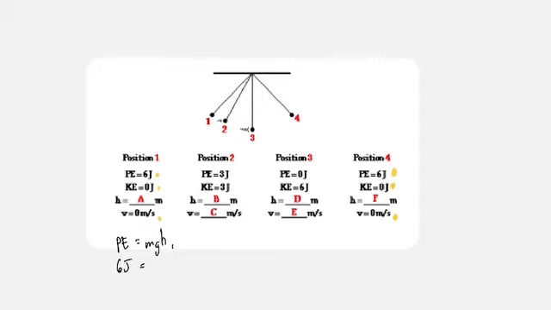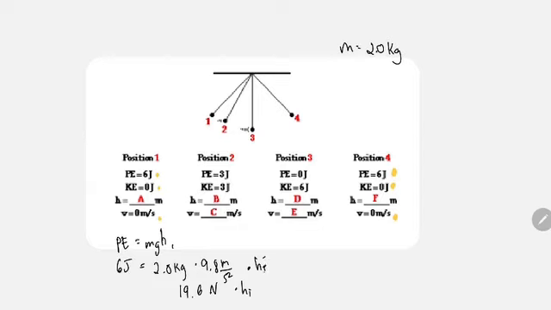Okay, 2 kilogram. The mass of the bob is 2 kilogram. So 2 kilogram, 9.8 meter per second squared times the height 1. So 2 times 9.8, that's 19.6. That would be in Newton.